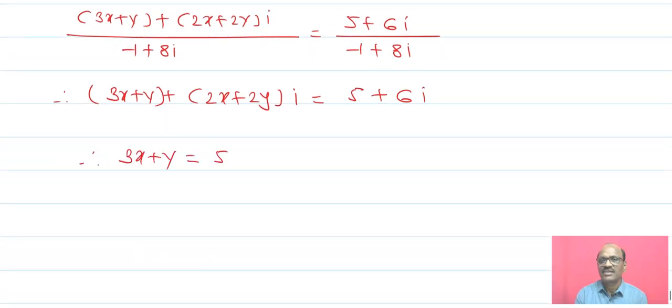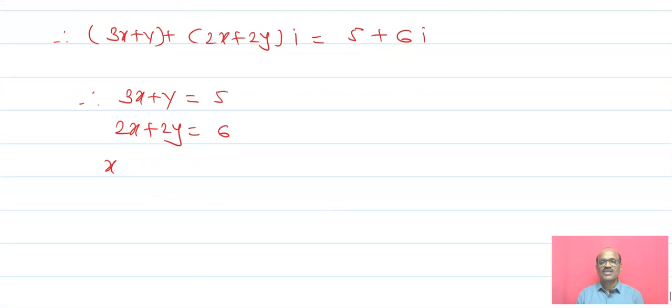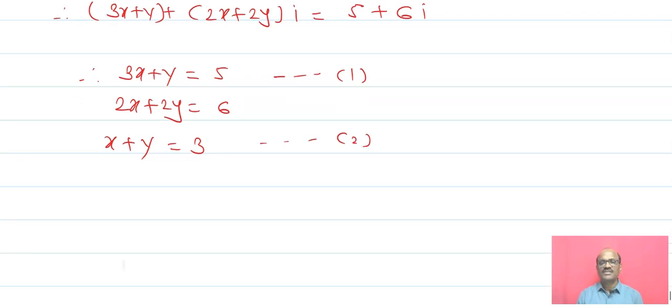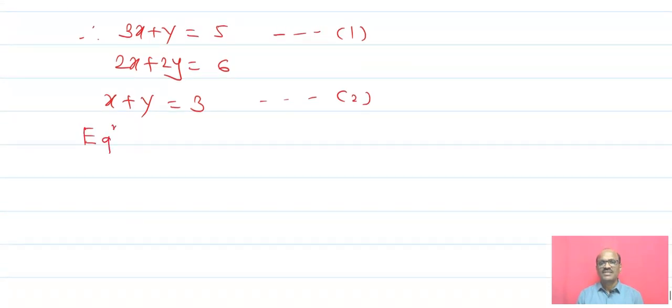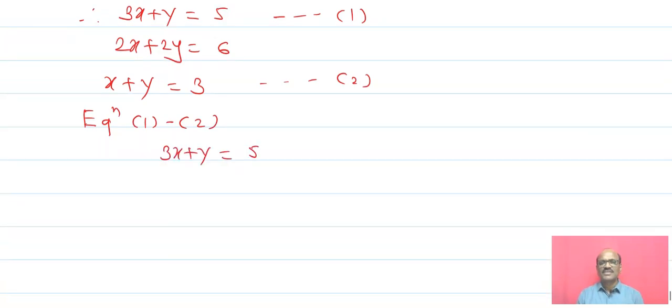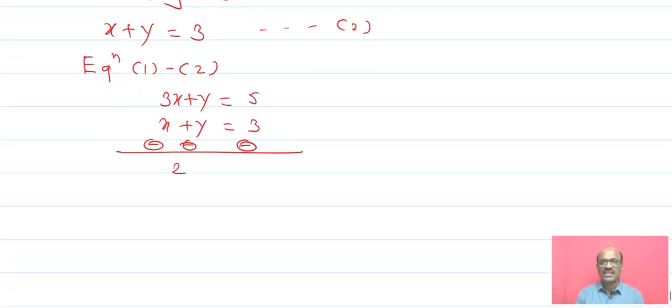Now equate real and imaginary parts, that is 3x plus y is equal to 5 and 2x plus 2y is equal to 6. Now multiply equation number 2 by 1 by 2, then you will get x plus y is equal to 3. Subtraction, sorry, equation 1 minus equation 2: 3x plus y is equal to 5, x plus y is equal to 3, and their subtraction.